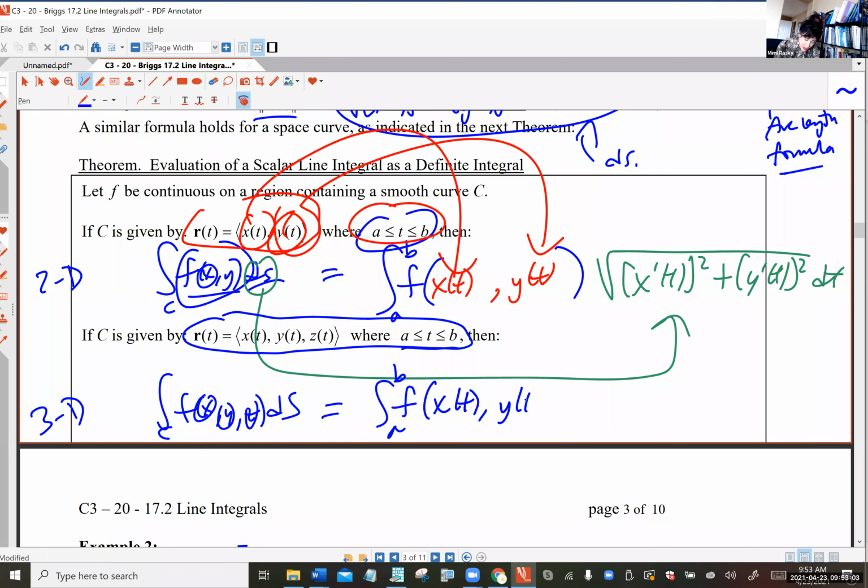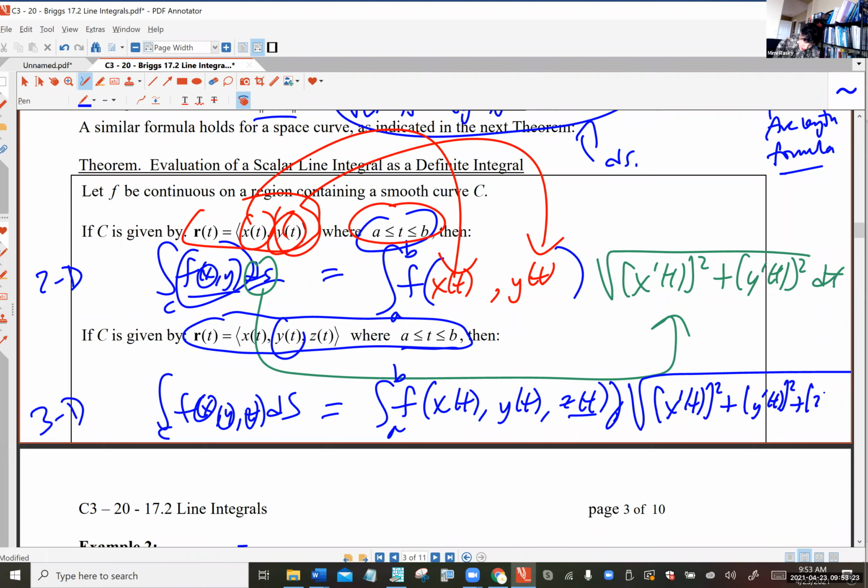Anywhere you see x, substitute the x component of your vector valued function. Anywhere you see the letter y, replace it with the y component of your vector valued function, and z's get replaced with z of t. And then you've got that horrible radical, which is your arc length element, the magnitude of the velocity vector. And then you integrate with respect to time t.